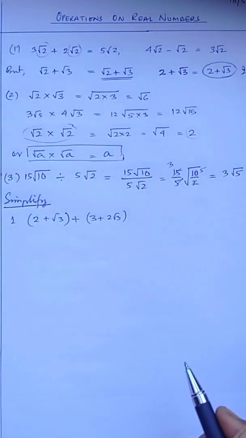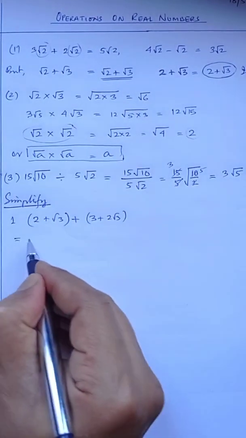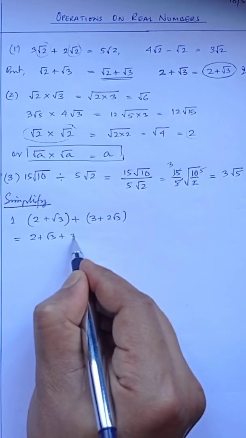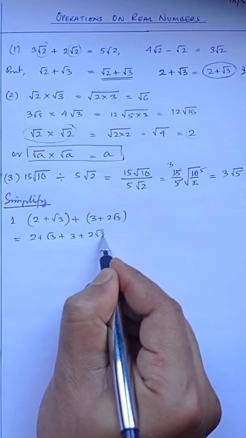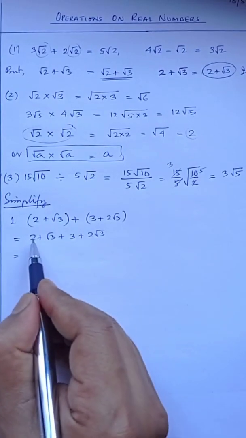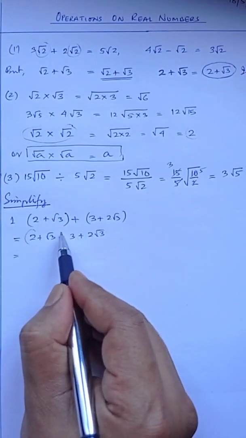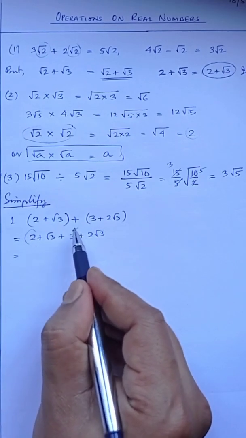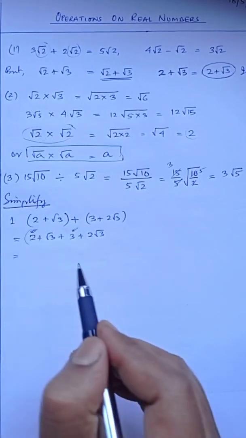How to simplify this? Quite simple. You just open the bracket. So it's just like simple algebra. Now if the numbers are present, you just add them or subtract them according to their sign.